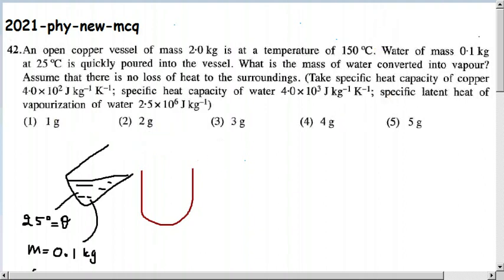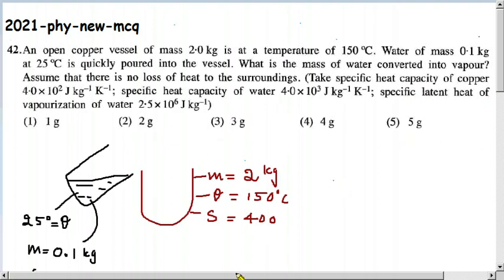This copper vessel has a mass of 2 kilogram. The temperature of it is 150. Specific heat capacity is given as 400, that is 4 times 10 power 2.